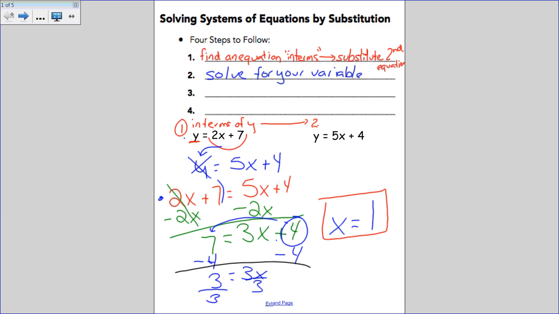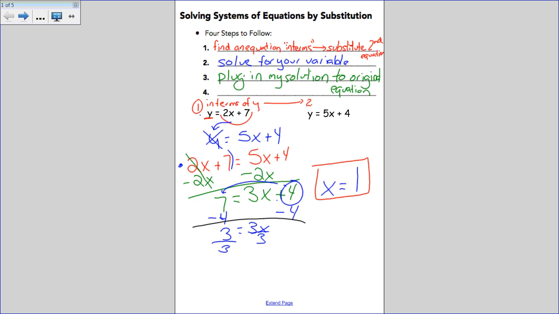Your third step is to plug this answer back into an original equation. I need to plug in my solution to the original equation.